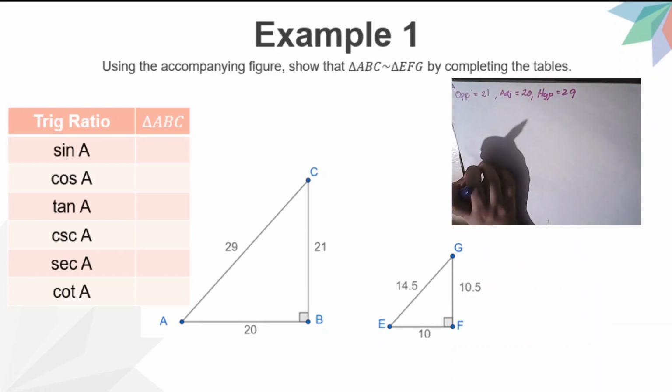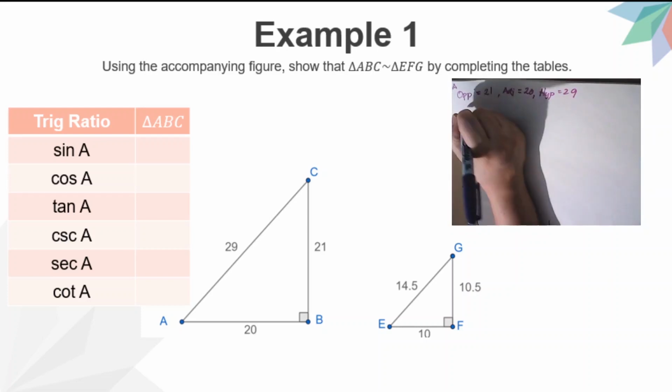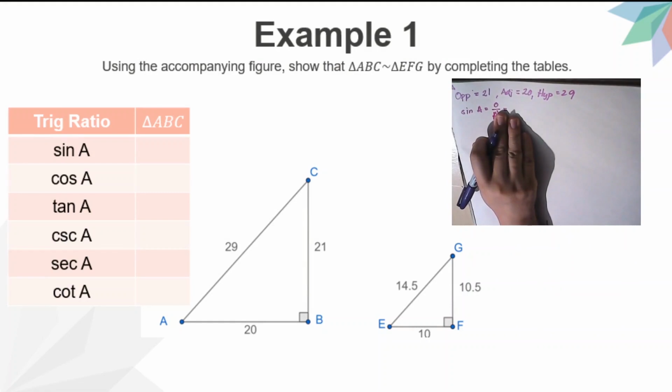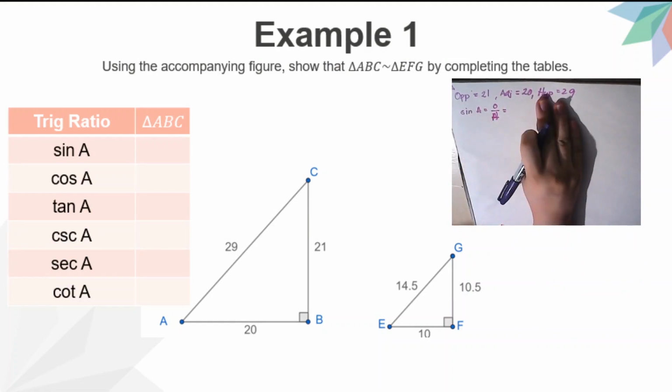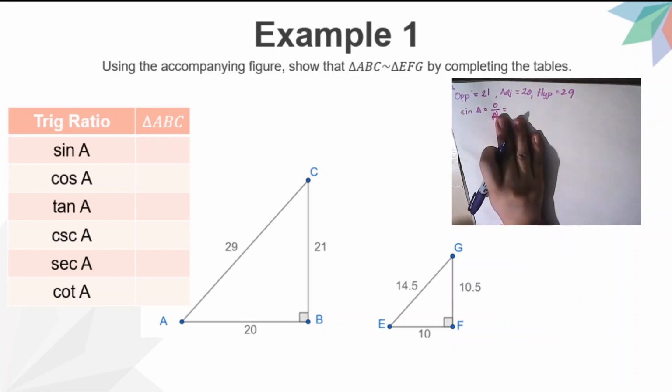If we are going to get the trigonometric ratios with respect to angle A, we will have the following. When solving for the trigonometric ratios, we will be using the sides given in our triangle.